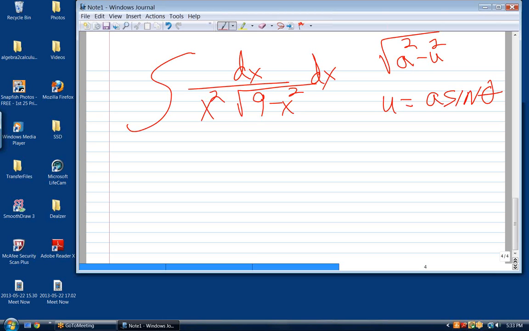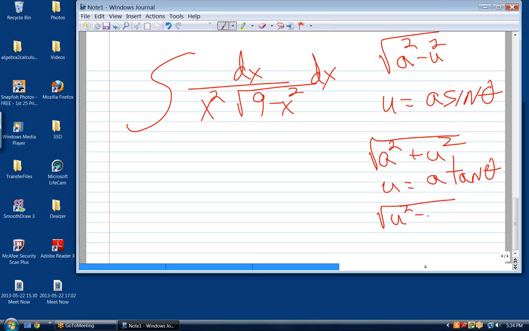If the format of the integral involved is a squared plus u squared, then I'm going to let u equal a tan of theta. And finally, if the format involved is u squared minus a squared, the opposite of the first one, then I'm going to let u equal a secant of theta.